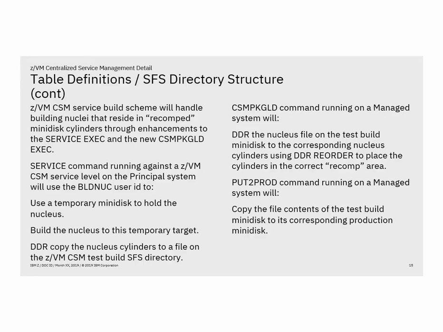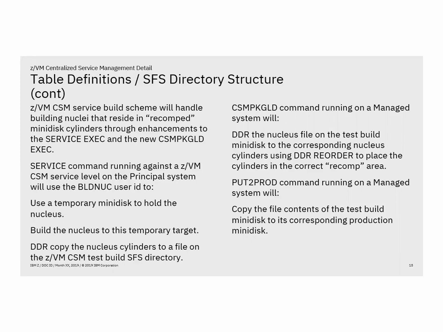The CMS nucleus exists on a minidisk in a set of cylinders that are reserved. In other words, they're hidden cylinders from the rest of the CMS file system on, for example, the 190 minidisk. And when you run the service exec, the new service is loaded and service rebuilds the CMS nucleus, and it writes the new nucleus out to the nucleus cylinders on the alternate nucleus build disk.